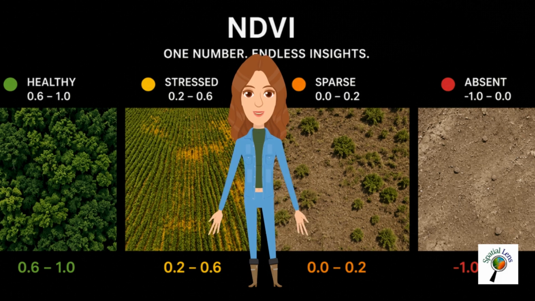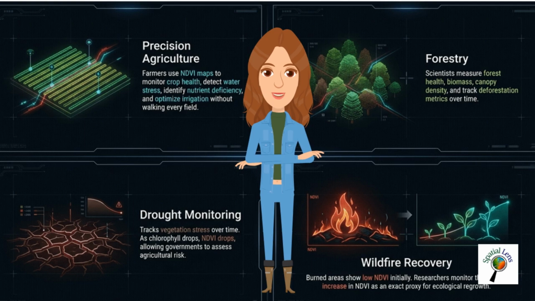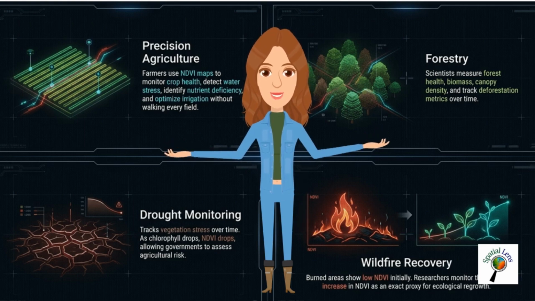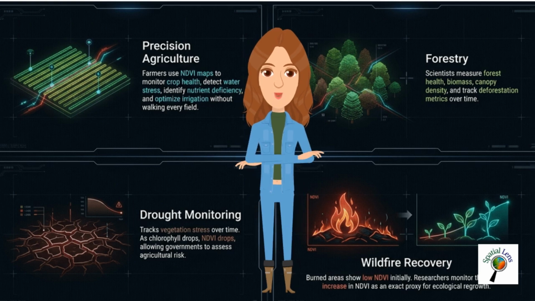That single number can tell us whether vegetation is healthy, stressed, sparse, or absent. And that is why NDVI has become one of the most important tools in modern remote sensing, helping agriculture, forestry, climate science, ecology, and environmental monitoring around the world.